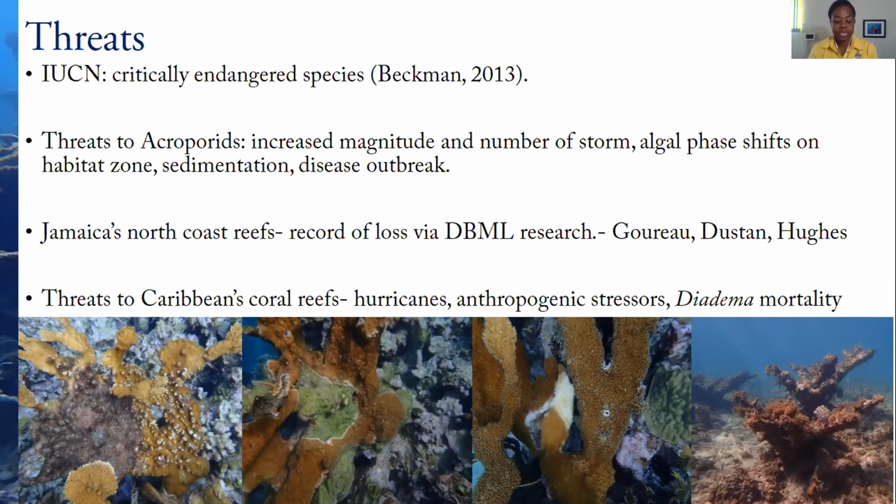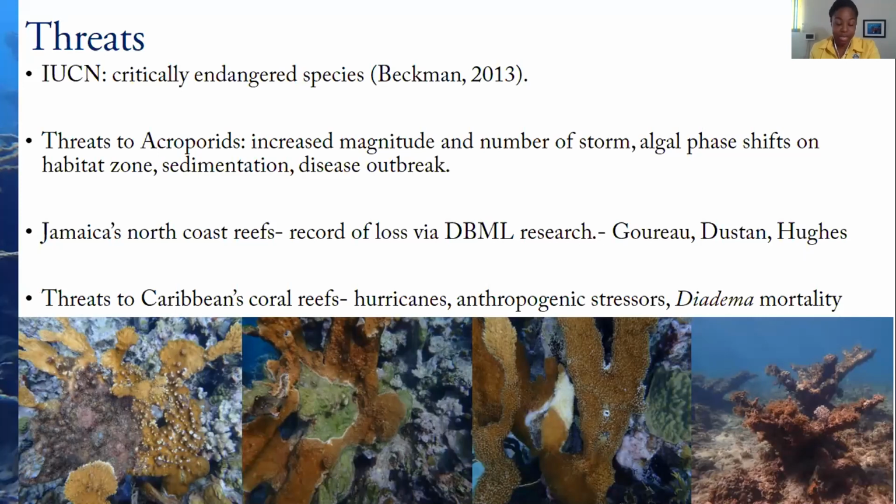Now, some of Jamaica's North Coast reefs, such as the reefs found in Discovery Bay, were studied and documented by early scientists, which created significant baseline information, which basically was able to define the region's corals, not just necessarily for Jamaica alone.